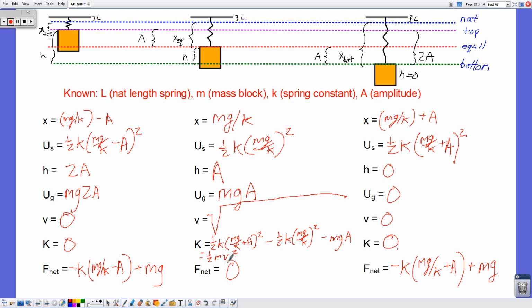So, square root of k mg over k plus a squared minus k mg over k squared minus 2mga. Alright. All over m. Isn't that beautiful? Alright, now this looks ugly, and it is.